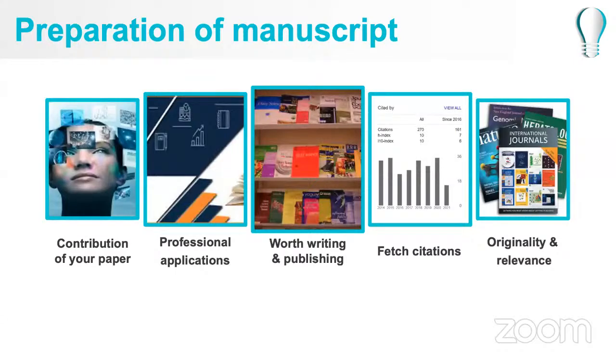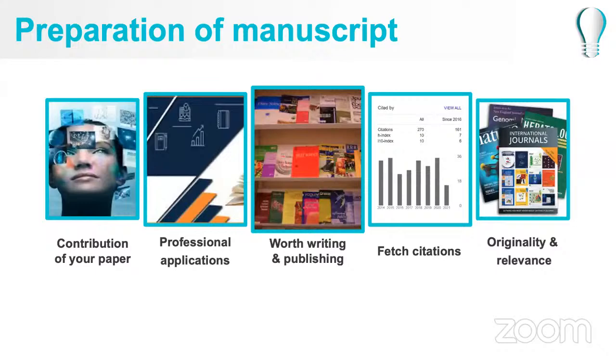Otherwise, if you're just going to write the same thing again and again, the journal editor will write back saying that this type of article has been published in their journal previously. So they will politely say no to your article. The same repetitive or boring topic you should not take.